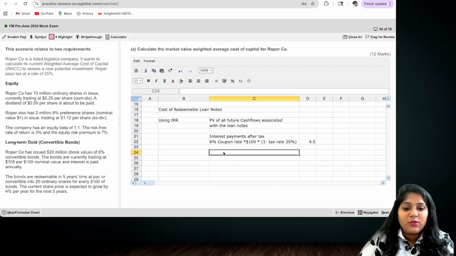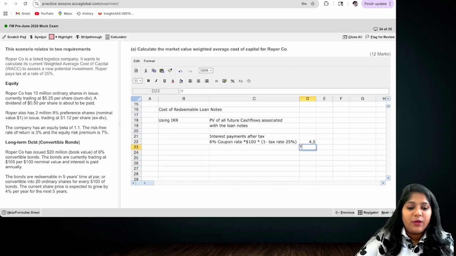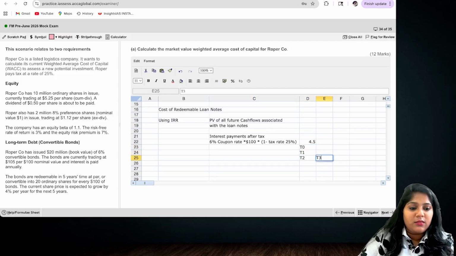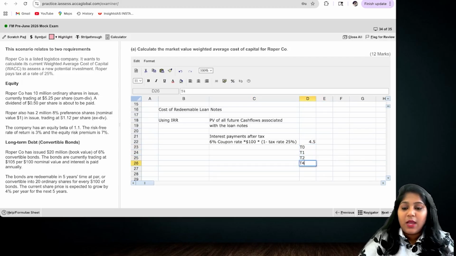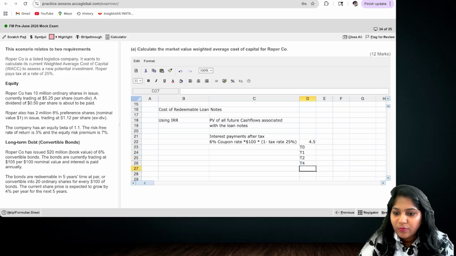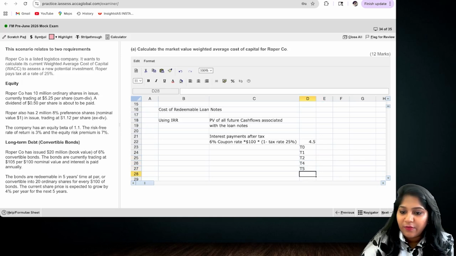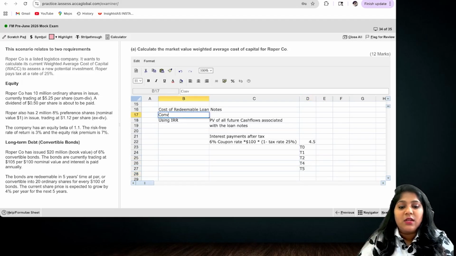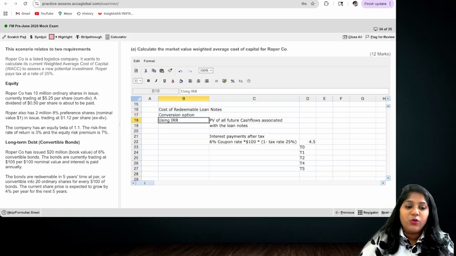So what are the cash flows that I can expect to have, guys? From T0, T1, T2, T3, and it is redeemable after 5 years, T5. Now there is a conversion option coming up here. Would you redeem it? Would you convert it?